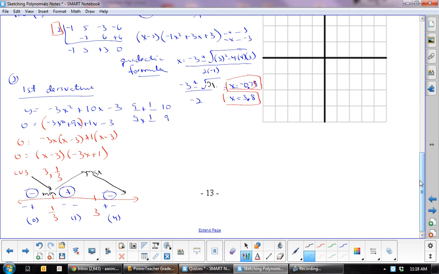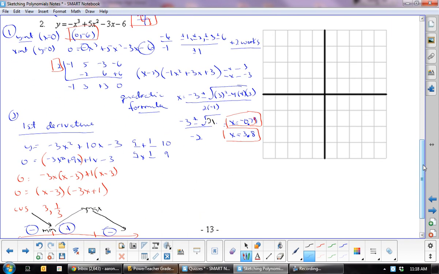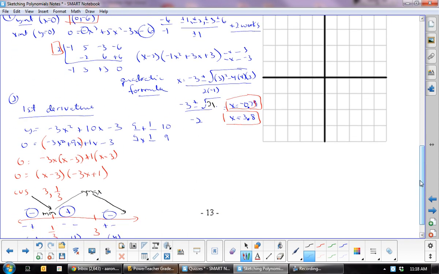Okay, so let's put 3 into the original. So again, to speed things up, f of 3 equals 3, and f of 1/3 equals negative 6.5.